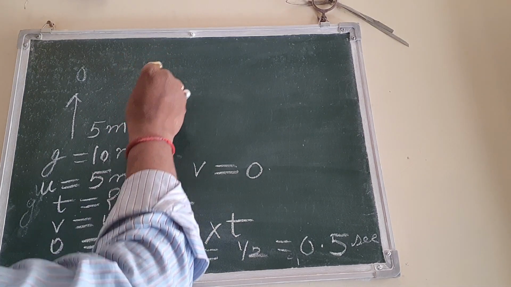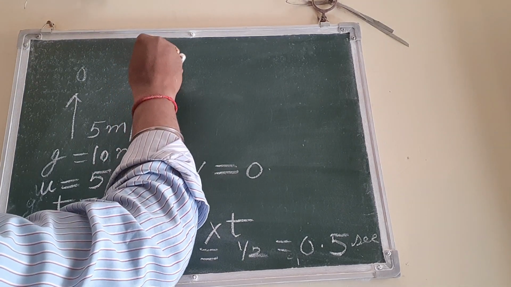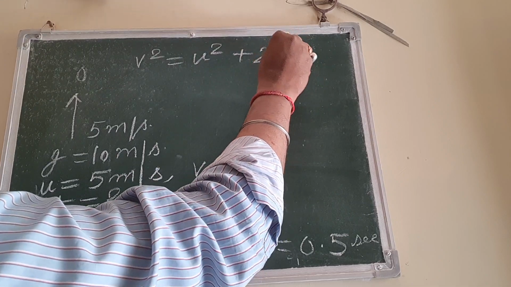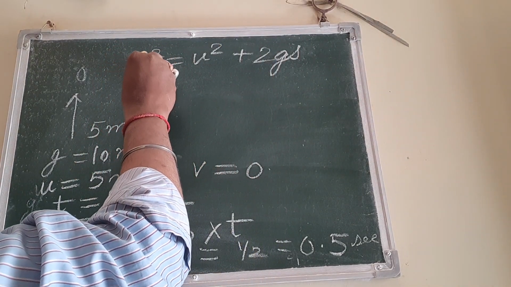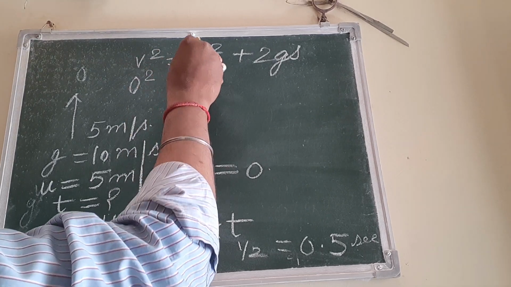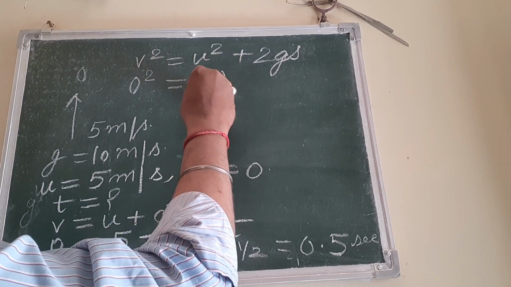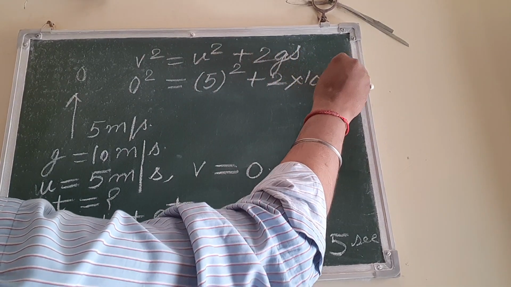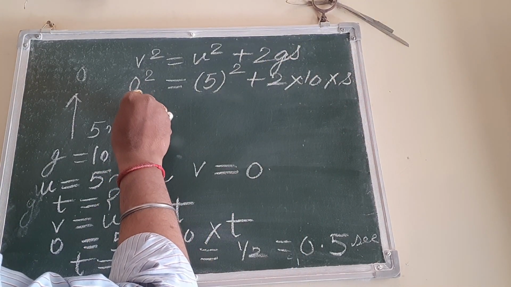We have to find the maximum height. So v square is equal to u square plus 2gs. Here the final velocity is 0. So 0 square is equal to 5 square plus 2 into gravity, that is 10, into the distance moved, that we have to find.